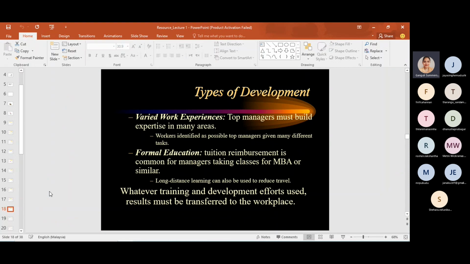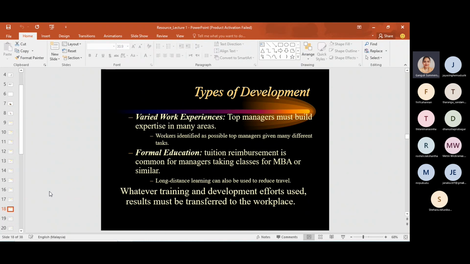So if a certain person has various work experiences, that means that person probably has a really good development, because when you have various work experiences, it develops you so well because you are exposed to various experiences, right?